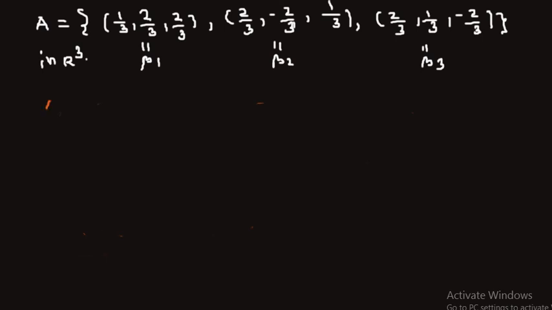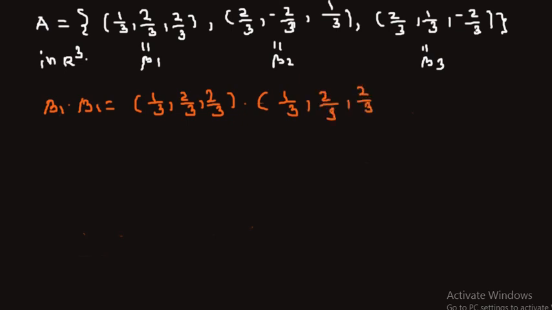Multiplying beta 1 with beta 1: beta 1 is 1 by 3, 2 by 3, 2 by 3, into 1 by 3, 2 by 3, 2 by 3.